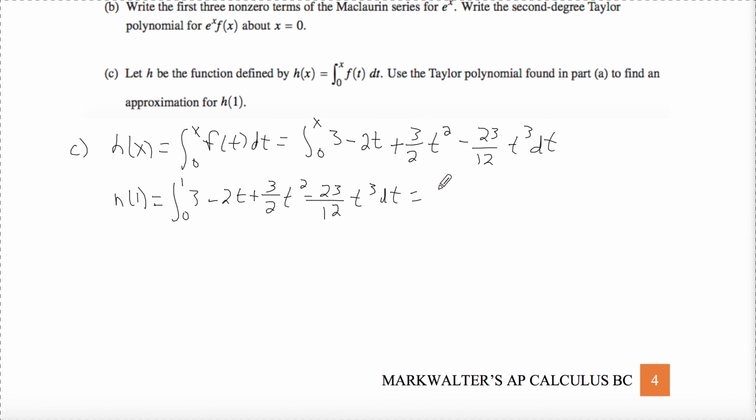The antiderivative would be 3t minus t squared plus half t cubed minus, this one gets a little tricky, because I need to add 1 to the exponent and then divide by that exponent. So this is going to be 23 over 48 t cubed evaluated from 0 to 1. That is my antiderivative.